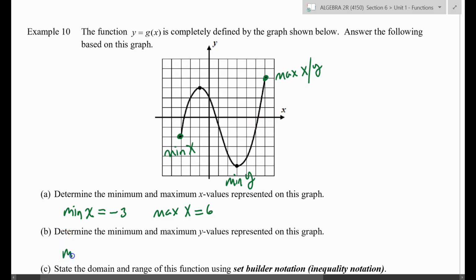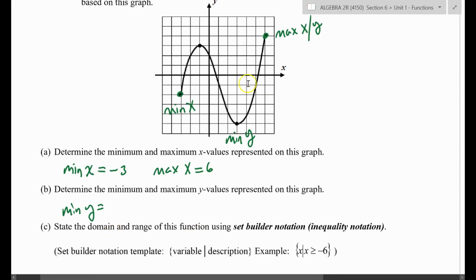The minimum y is what? -1, 2, 3, 4, 5. And the maximum y is also, oh, it's not. It's 4, right? Because what's this coordinate value right here? This is the coordinate value 6, 4, right?